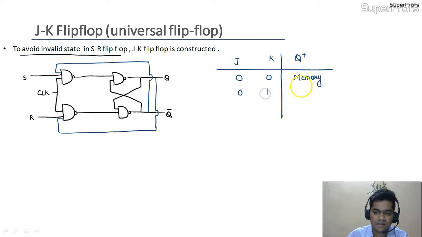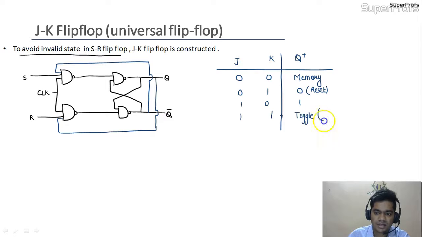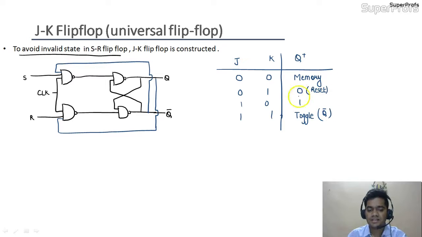For 0 1 it would be 0, or we can say reset. For 1 0 it would be logic 1, and for input 1 1 we are getting a toggle state. What we mean by toggle is that the next output would be the complement of the previous output, Q bar.